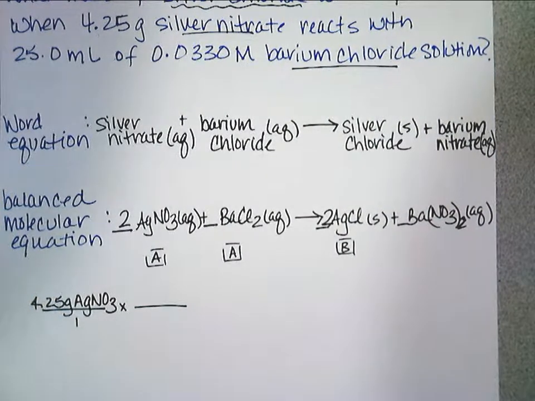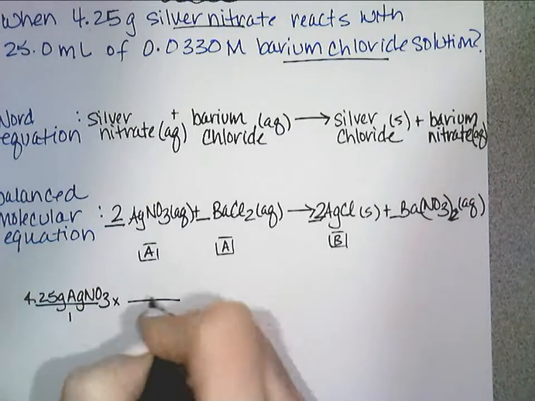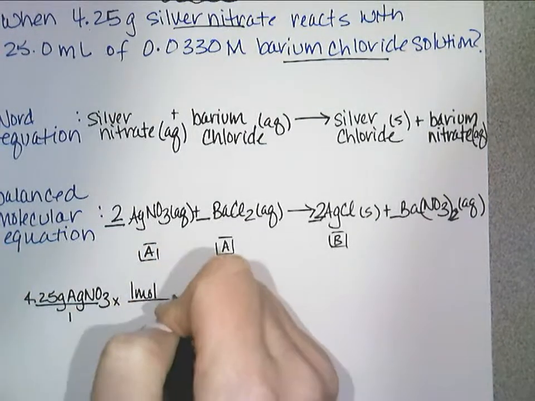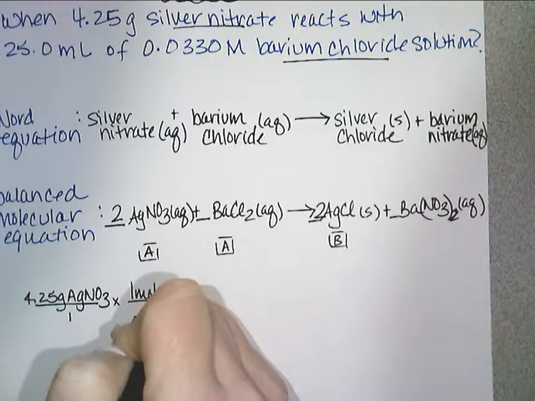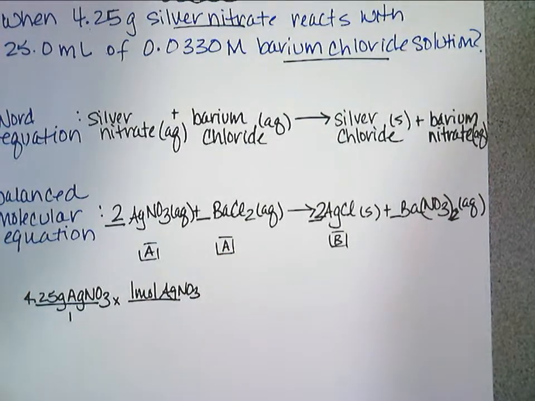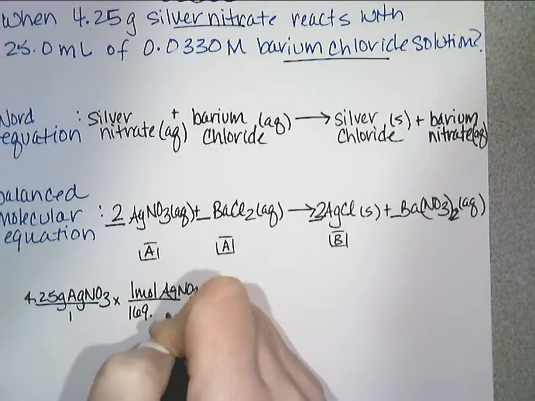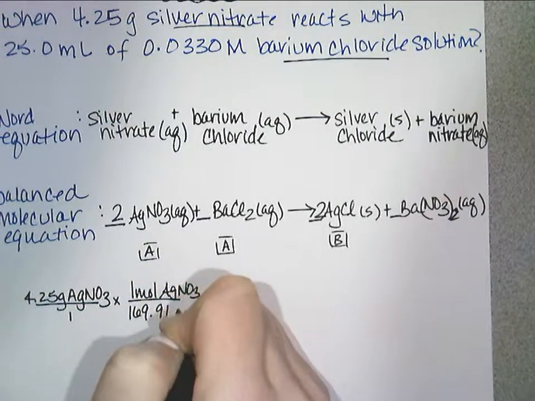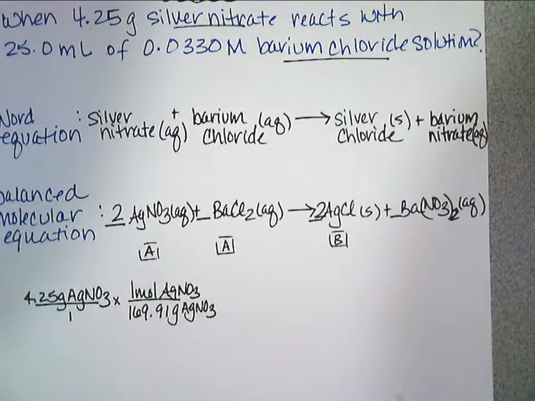So we're going to use our mole math. So the mass of A, and in 1 mole of AgNO3, there are 169.91 grams of AgNO3. That's the molar mass.